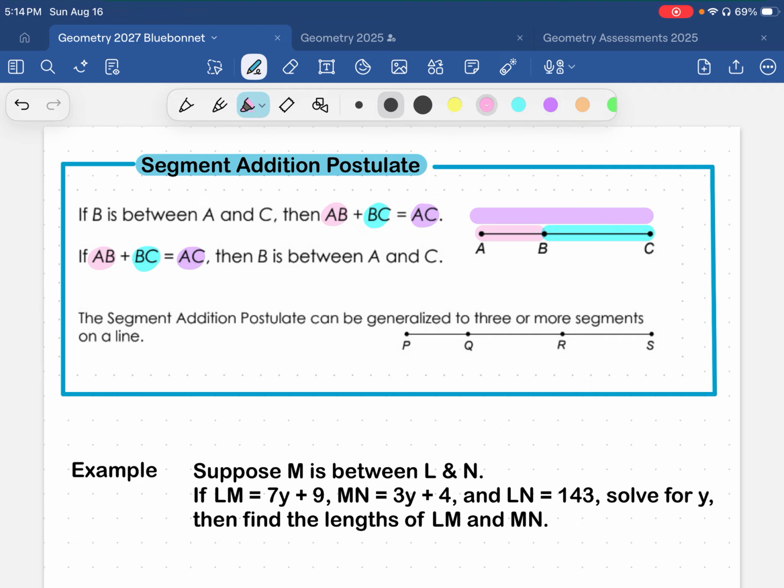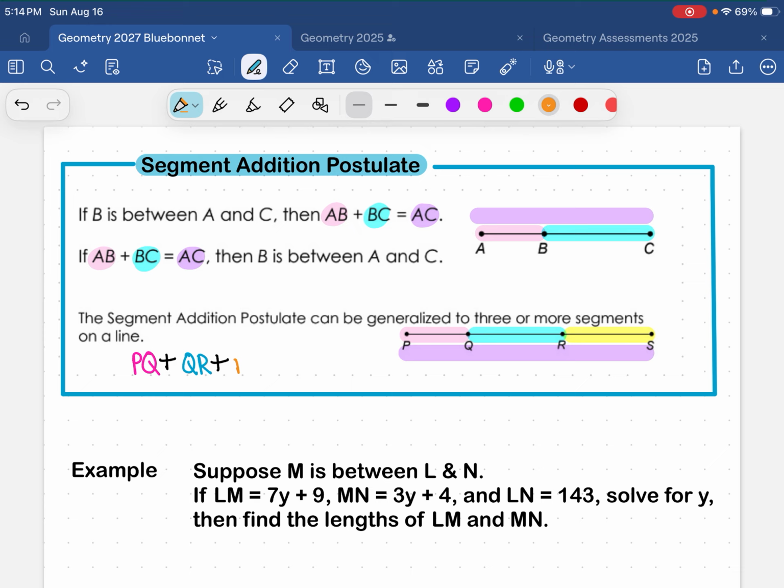So notice here, I have parts PQ, QR, and I have this third segment, RS, that would have to be added to get the whole thing from P to S. PQ, the pink part, plus QR, the blue part, plus RS, the yellow part, is going to add all up to get me from P to S, the beginning to the end.